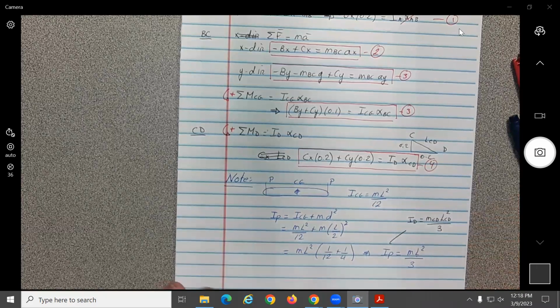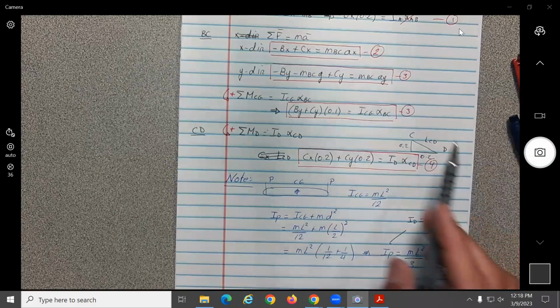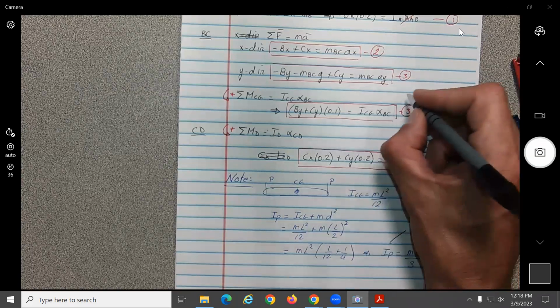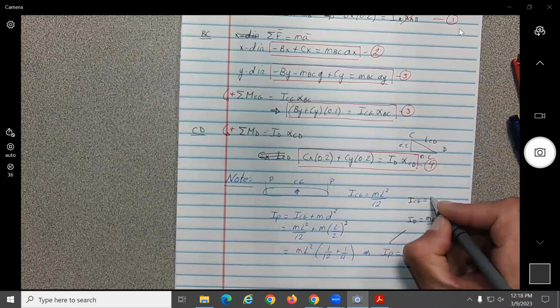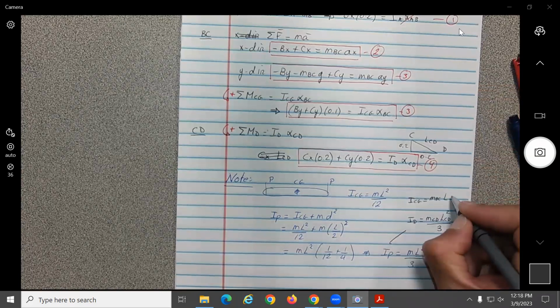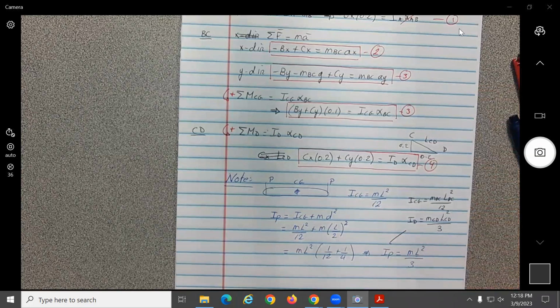Then this will be I_D. We don't need this one because it's 0. What will be I_CG over here in the equations? It would be M_BC L_BC squared divided by 12, no?